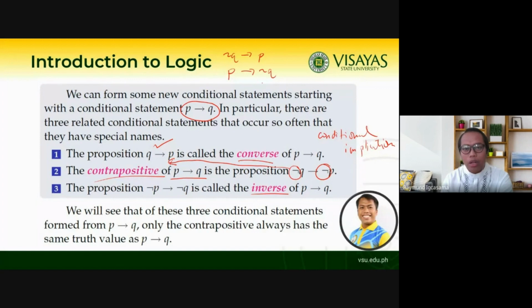So the negation of P is not P, and negative times negative becomes positive. Since it is not Q there, when you negate it, it just becomes Q. So this is the contrapositive of not Q implies P.